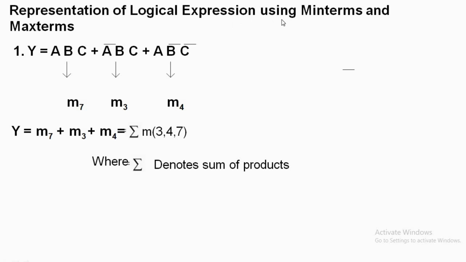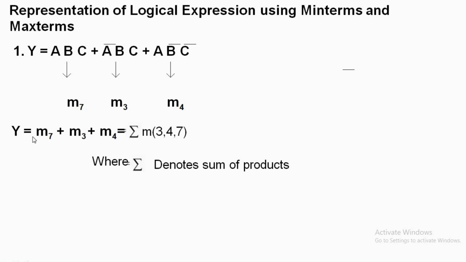Representation of logical expression using min terms and max terms. Now, we will see one example. Y is equal to ABC plus A bar BC plus A B bar C bar. From that 3 variable table, we can write the first term is m7, min term, the second term is m3 and the next term is m4.